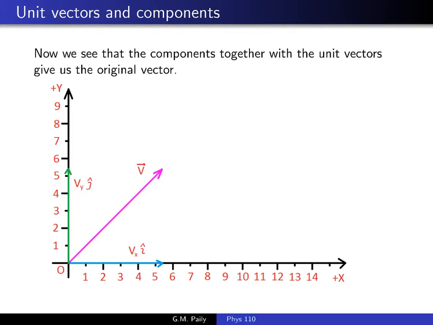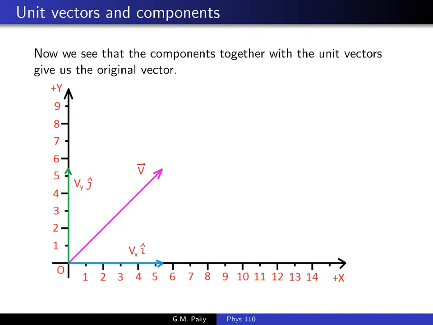So we can see that putting together both components and unit vectors, vx I hat, vy j hat, putting that together gives you this vector. Putting that together gives you this vector. And putting both of those together would give you this, the total vector v, which in this case is in the xy plane.